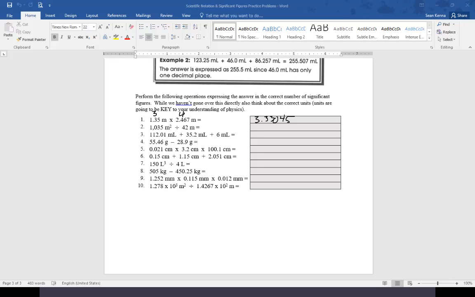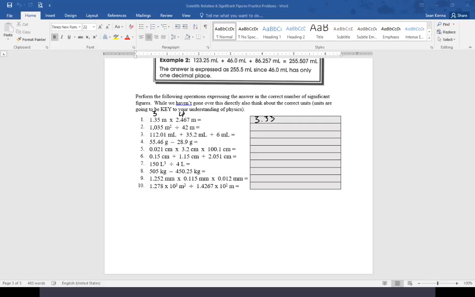If you look at the numbers we started with, one has 3, the other has 4. 3 is smaller than 4, so we must limit our answer to 3 significant figures. And so we need to get rid of some of these significant figures here. So I'm going to get rid of 1, 2, so that we're left with just 3 significant figures. So our answer here would be 3.3.